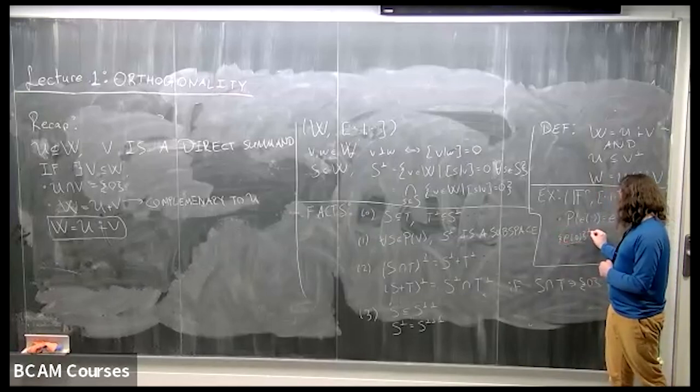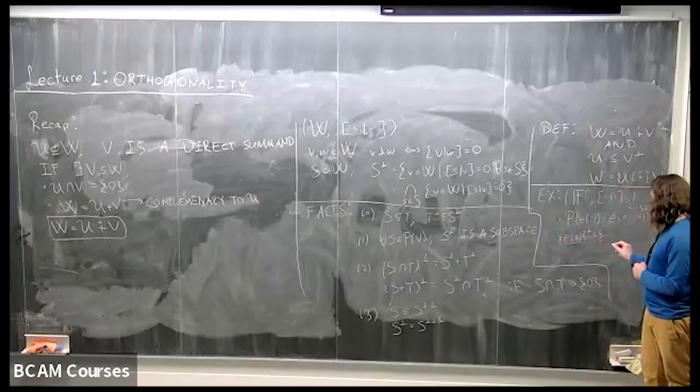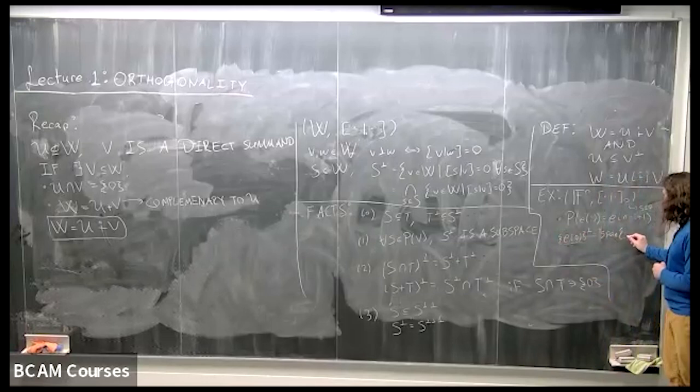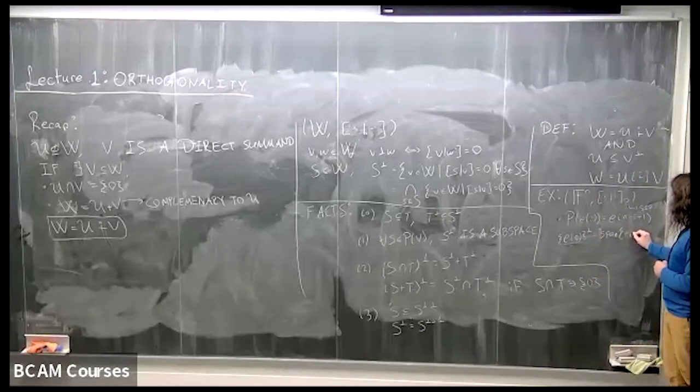And the orthogonal complement of this would be the linear space which is the span of the remaining basis vectors, J, where J lives in n minus 1.